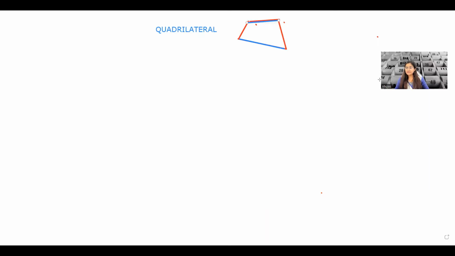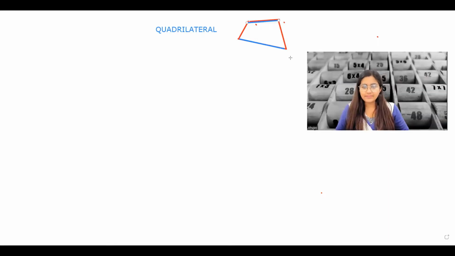The lines which are in front of each other are known as opposite lines. Now if I make this one green, this green one and this green one are known as adjacent lines. Opposite means in front of it, and adjacent means next to it, right?